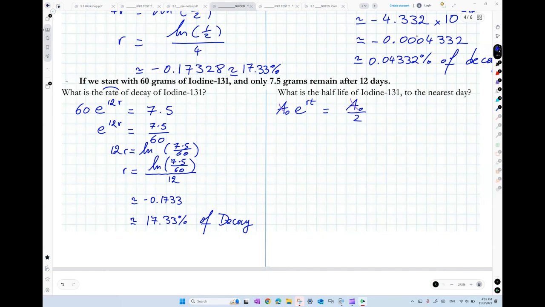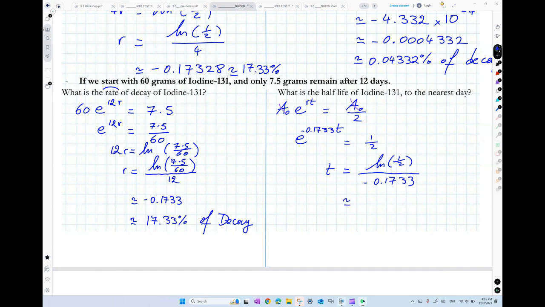I've got the rate of decay, which is negative 0.1733, times the half-life, and therefore this half-life t will be ln of 1/2 divided by negative 0.1733.